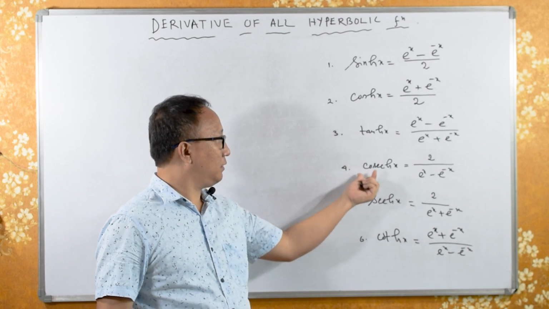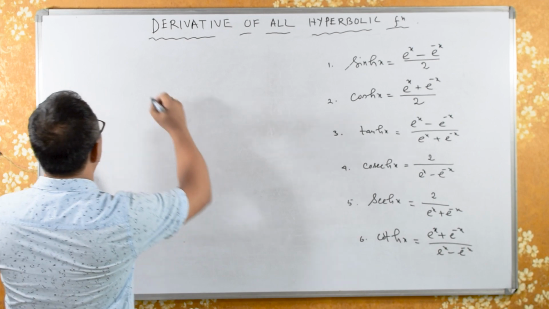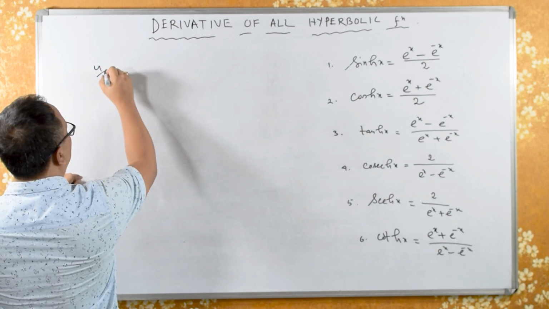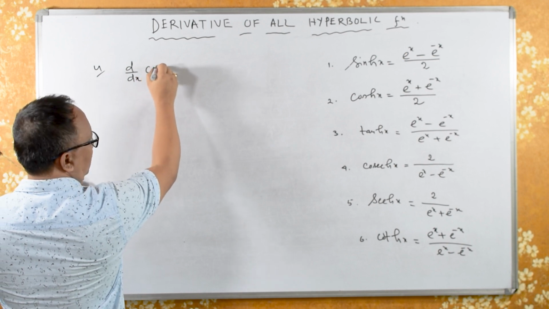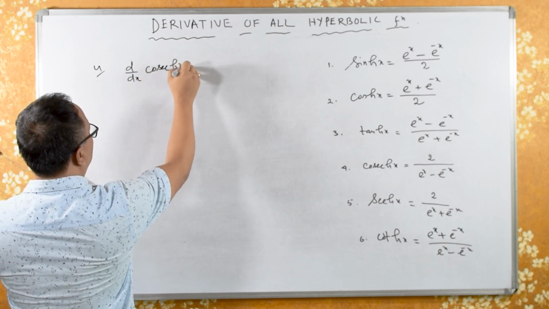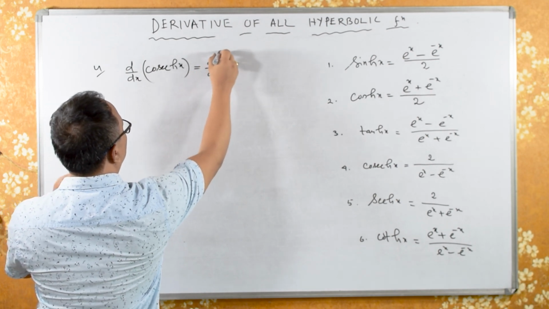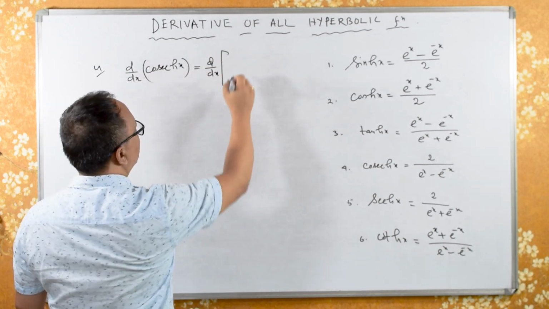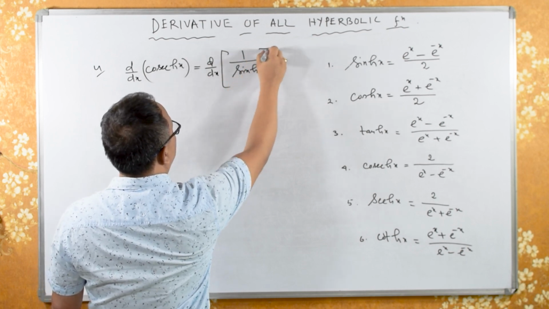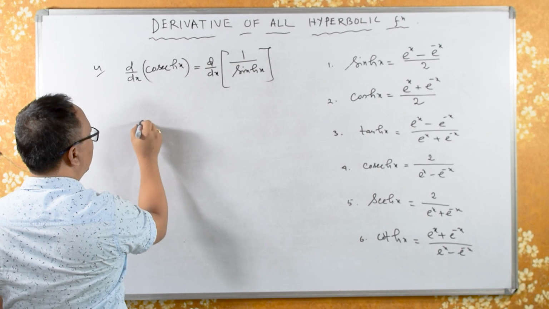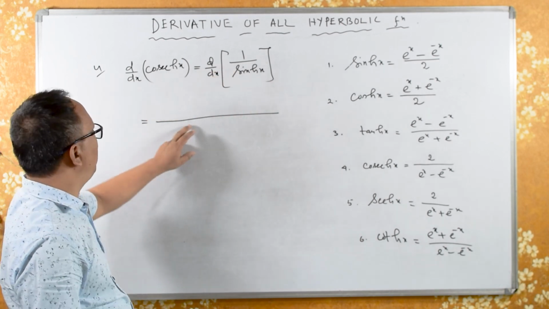Next, let's find the derivative of cosec hyperbolic x. Now dy/dx of cosec hyperbolic x is the same as dy/dx of 1 by sine hyperbolic x. Apply the u by v rule here.